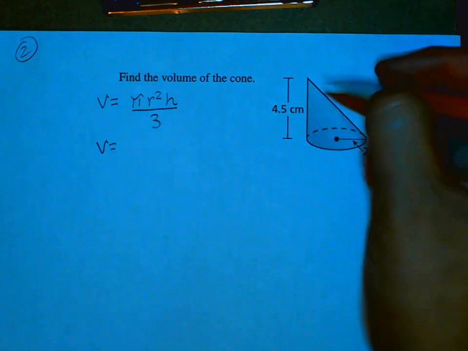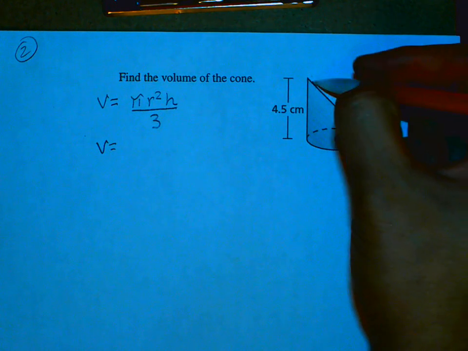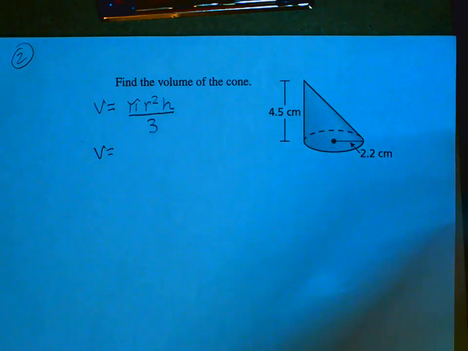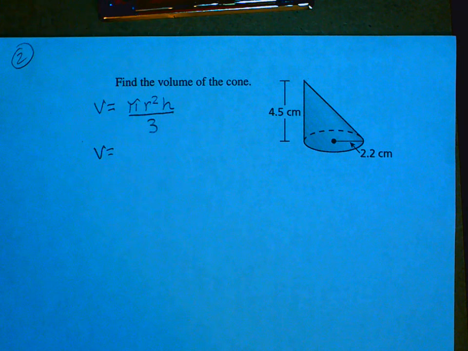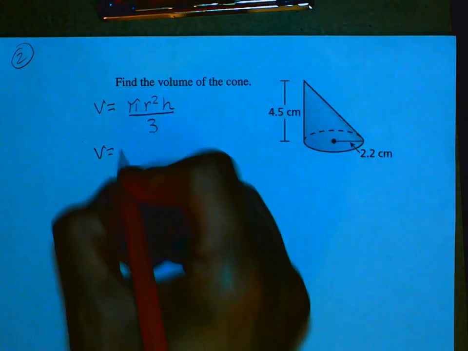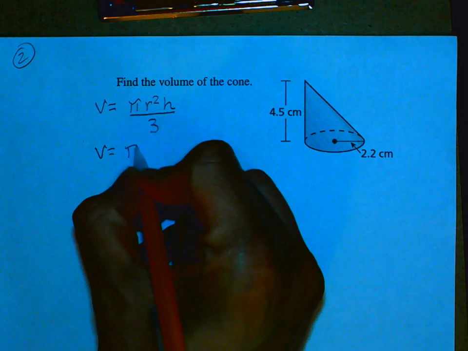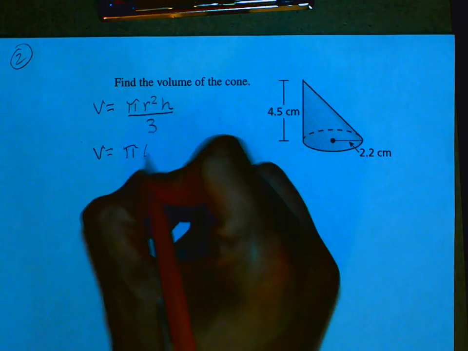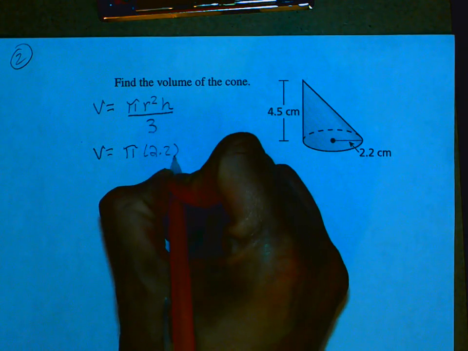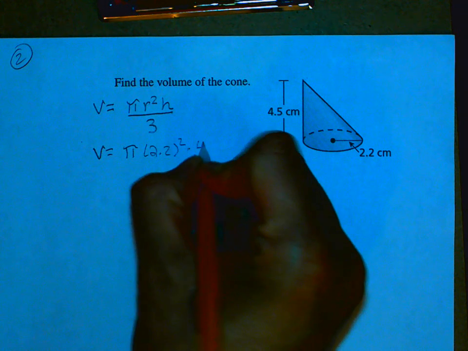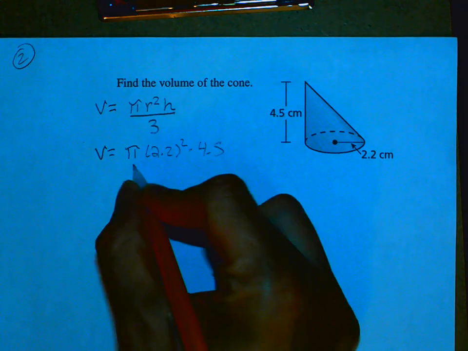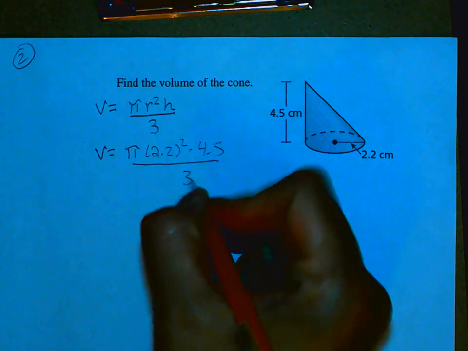Whether your height is a height from here to here, meaning a distance that is vertical to the base, or it's in a slant, either one will work. So you have pi, the radius is 2.2, and the height is 4.5, all divided by 3.